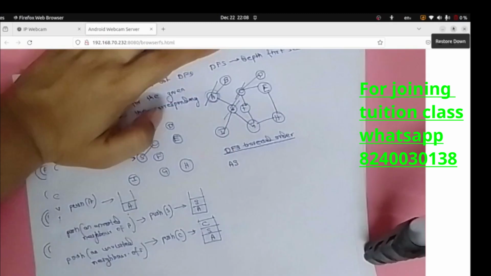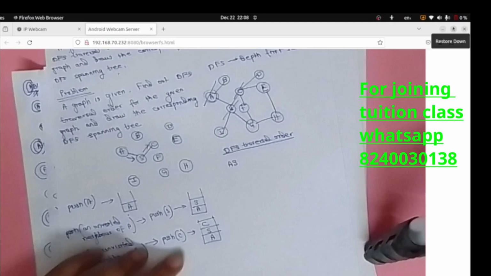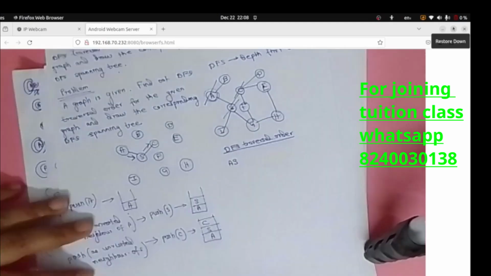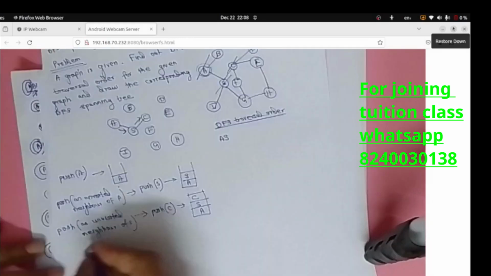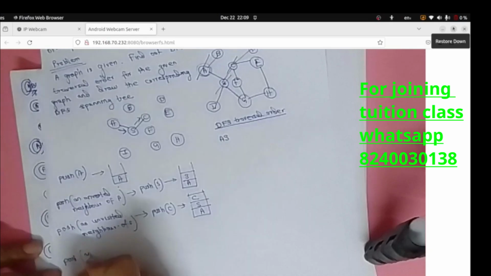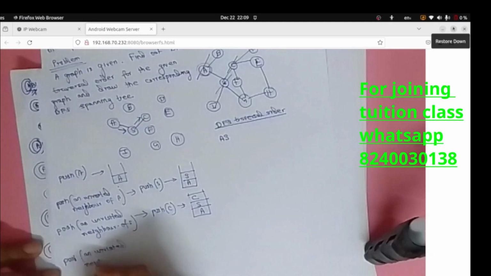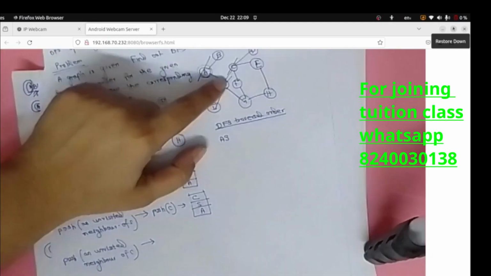The next push operation will be on the topmost element of the stack, which is C. So the next operation is push on an unvisited neighbor of C. So for that we have to see the graph.